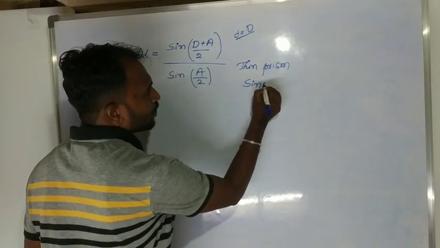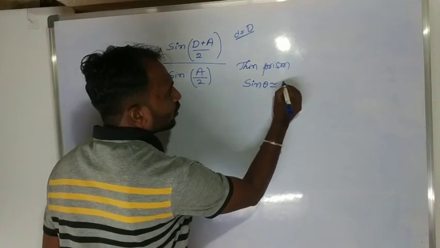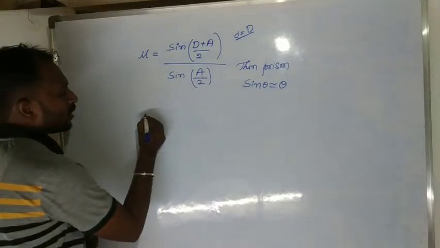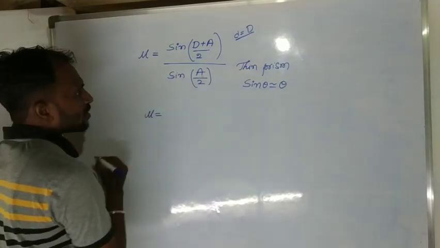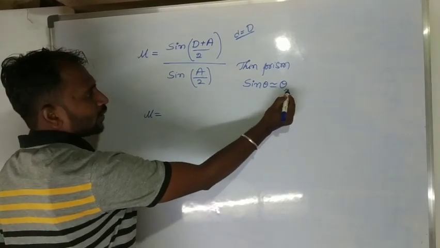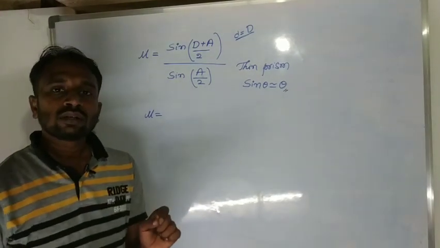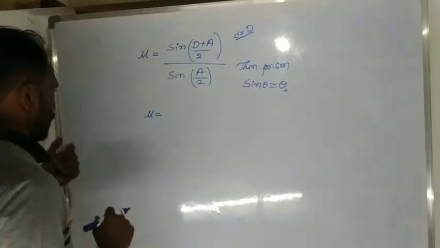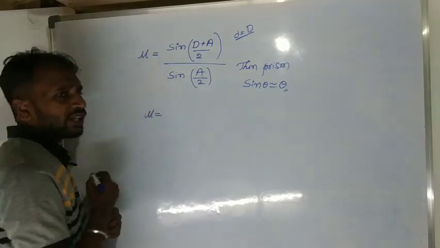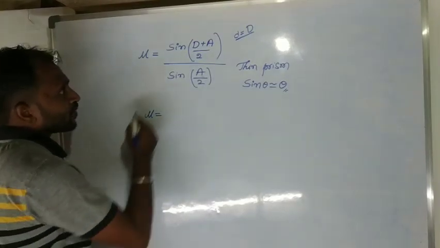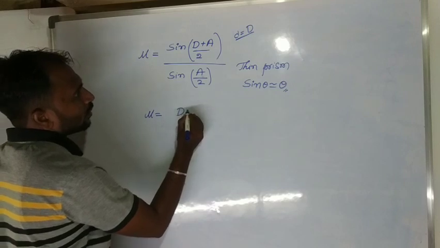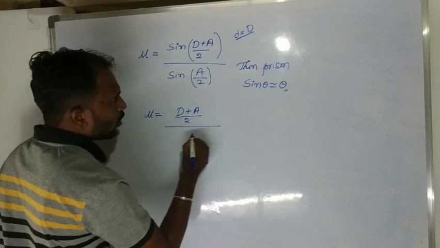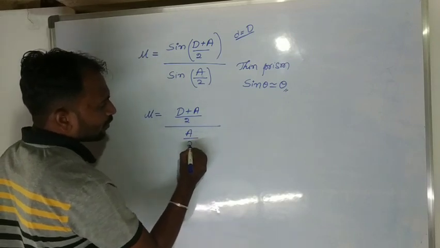Sine theta is nearly equal to theta. Why? Because it is a thin prism, so the angle of the prism is very small. So the refractive index of the material of the prism is equal to (D plus A) divided by 2, whole divided by the angle of the prism divided by 2.